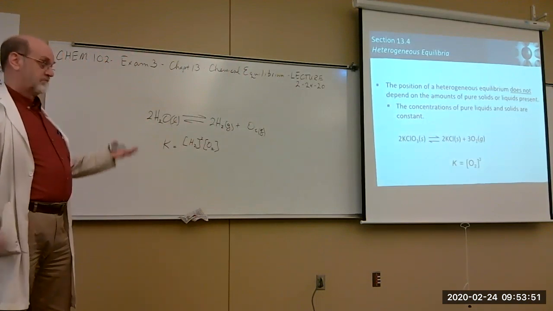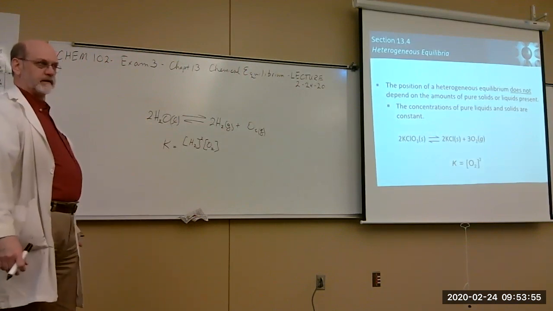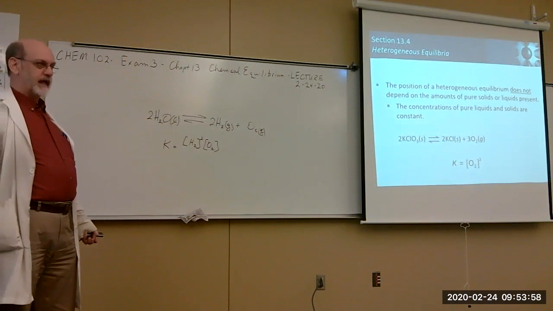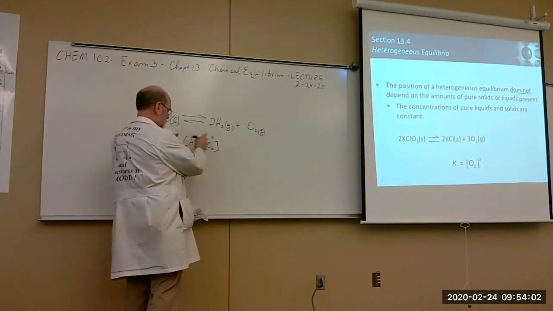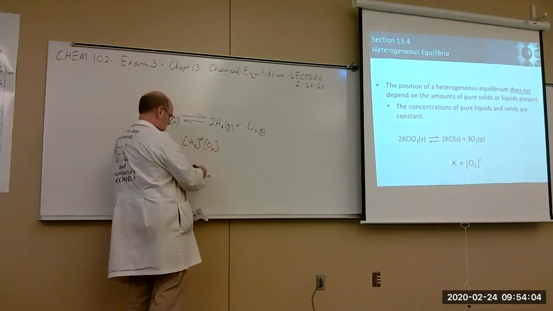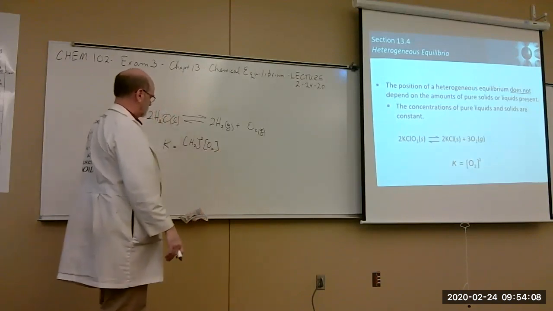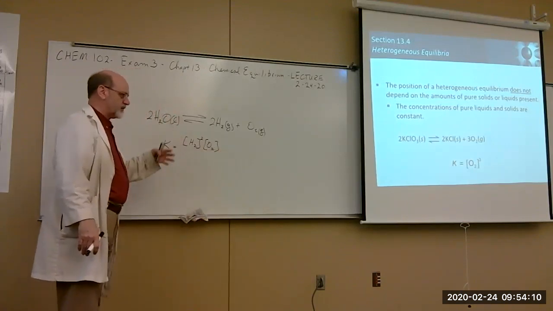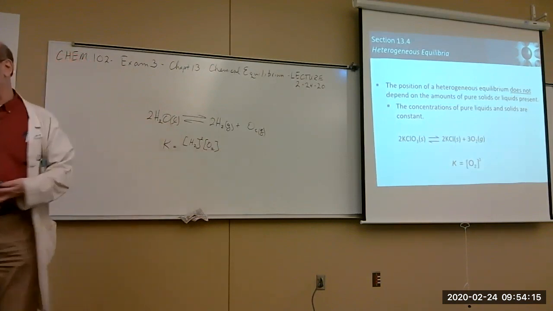But true, it would just be one. K would be unity. Because if you put them in there as solid, then they go away. And the expression divided by the same, well, I'm digging that hole deeper than I want to be.